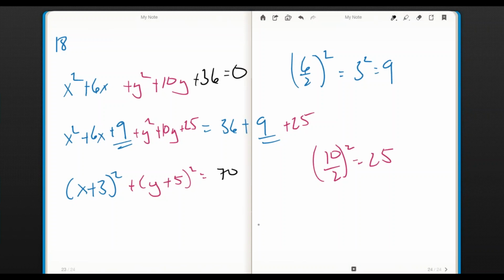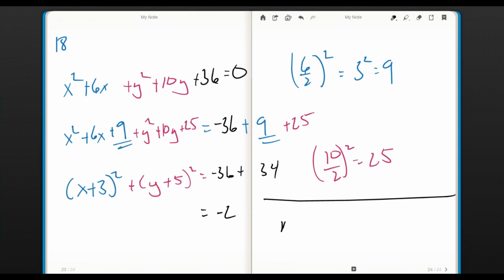When I have this problem, plus 36, then when I try to set it in the right format, I put a negative 36 over here, and instead of 70, I get a negative 36 plus 34, and so this is equal to a negative 2. And that's kind of the key to this problem.